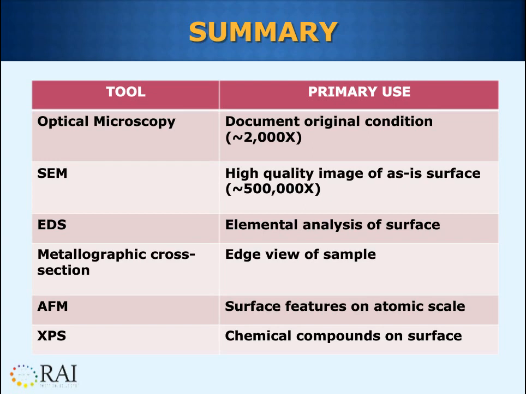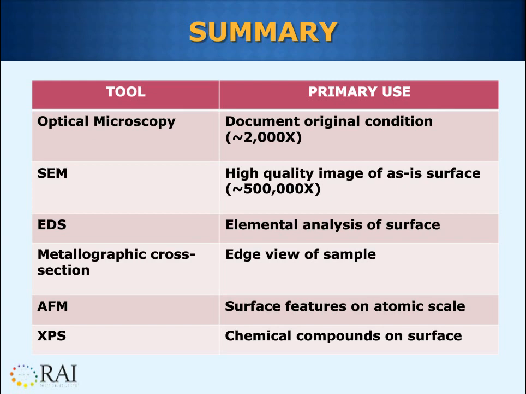XPS, X-ray photoelectron spectroscopy, tells me information on the chemical compounds on the surface. Like I described earlier, many of the techniques that I talked about only give elemental analysis, whereas if I need to know the particular chemical compounds of those elements, then XPS will help.